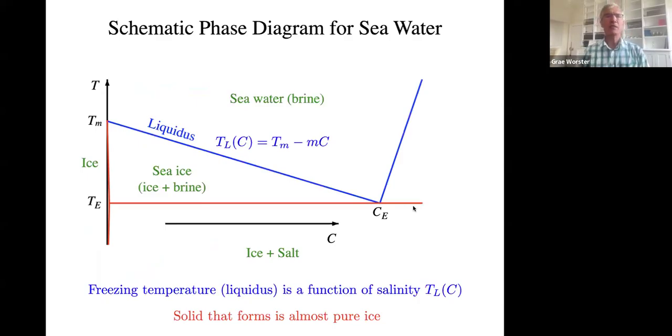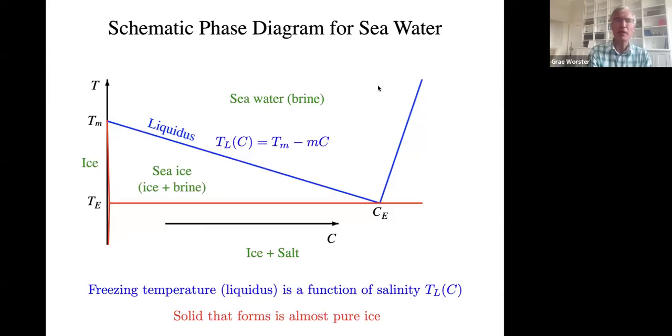And that's represented here in what's called a phase diagram. A phase diagram is a graph of temperature versus salinity. Here C is the concentration of salt, or salinity. What this shows is really a graph of regions.